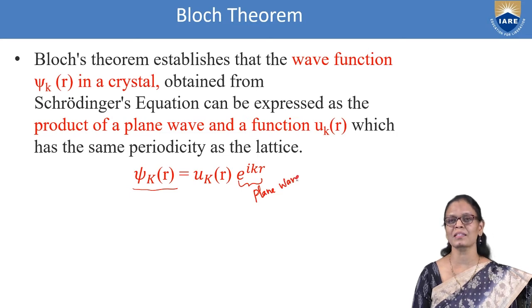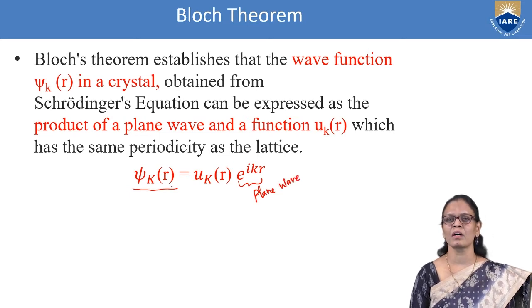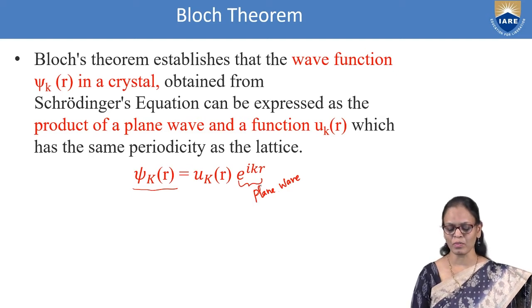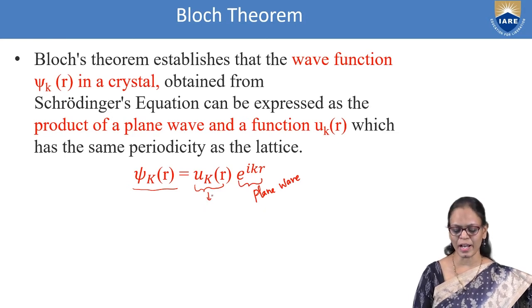Even in classical physics, you have a wave function represented by a plane wave. Now, how do we incorporate this periodicity? We are introducing a periodic function, u k of R, which describes the periodicity.